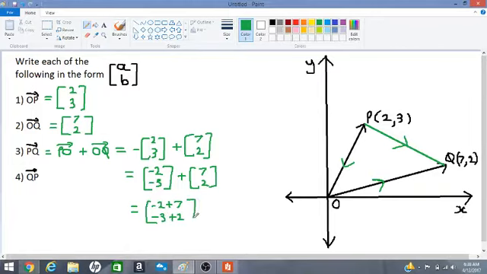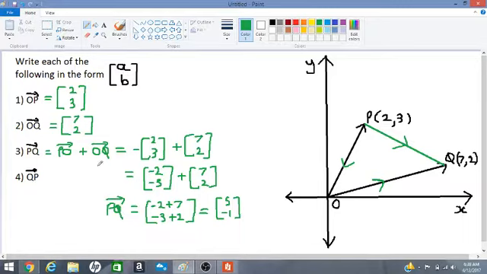Negative 2 plus 7, 7 take away 2 is 5. So you have positive 5. And negative 3 plus 2 is negative 1. So this is the column matrix representation of the vector PQ.